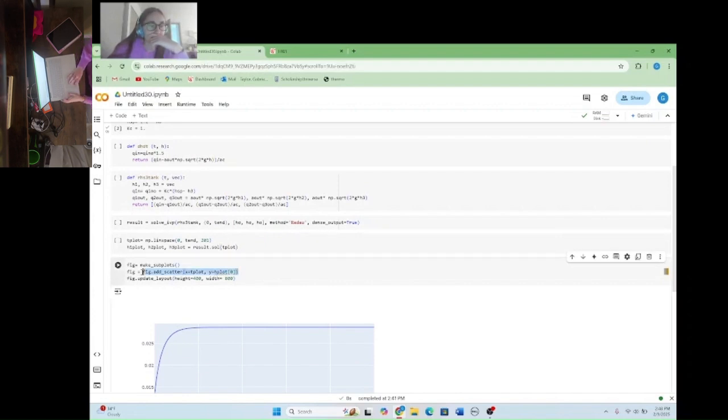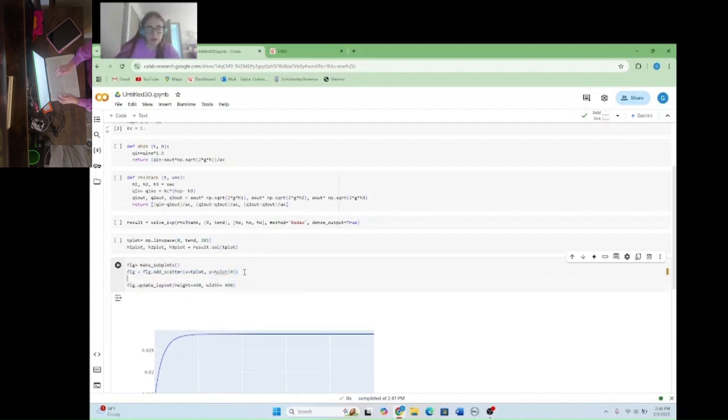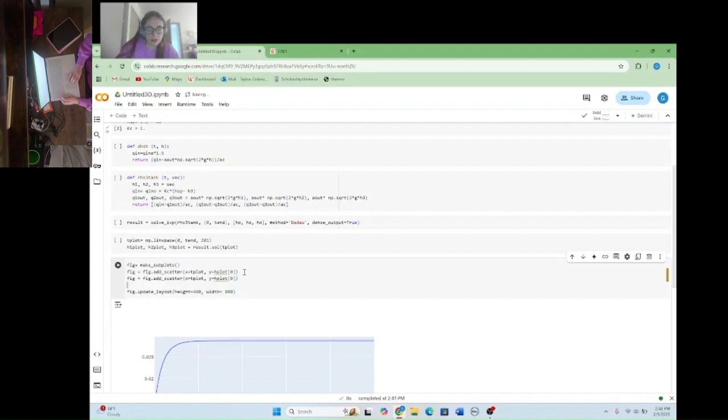And then we're just going to copy this. Okay, and the T-plot is the same. And I'm actually going to cut off this 0. Shouldn't matter.